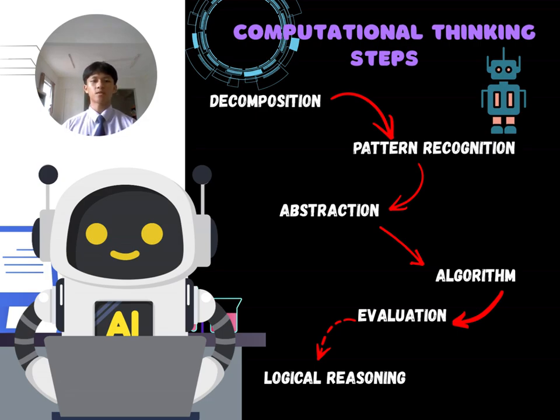Each of these steps plays an important role in helping us break down the problem and solve it systematically. Instead of guessing randomly, computational thinking allows us to approach the problem in a logical and organized way. By following these steps, we can transform a complex problem into a series of manageable tasks, making it easier to understand and solve it.